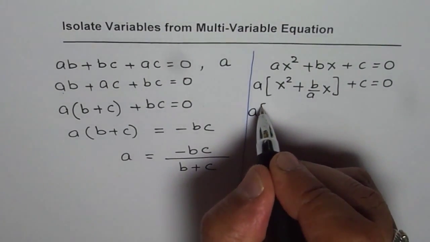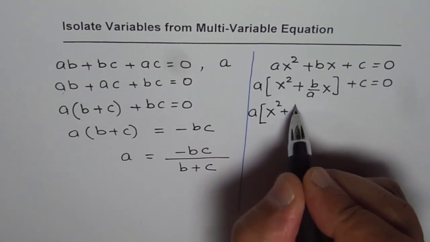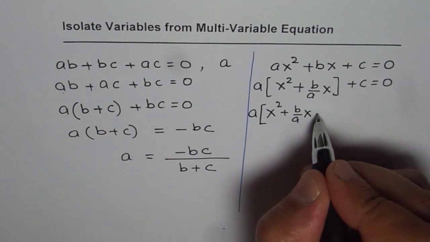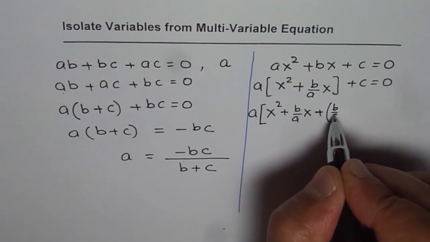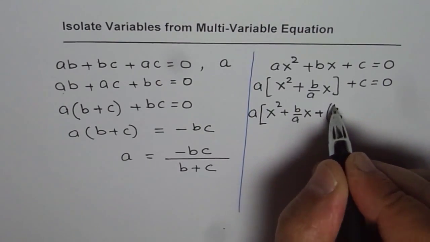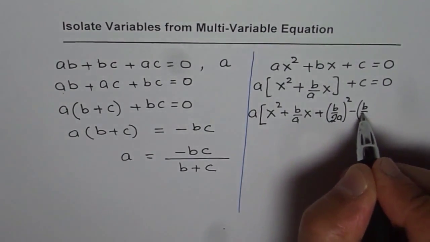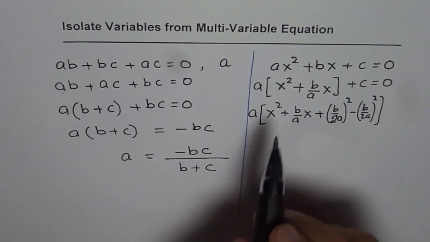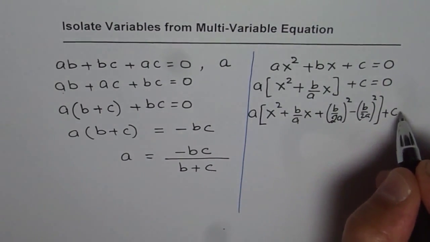To complete the squares, we need to add and subtract half of b over a, right? So we'll do addition of b over 2a whole square minus b over 2a whole square, right? That is what we will do to the two terms inside this bracket, plus c equals to 0.